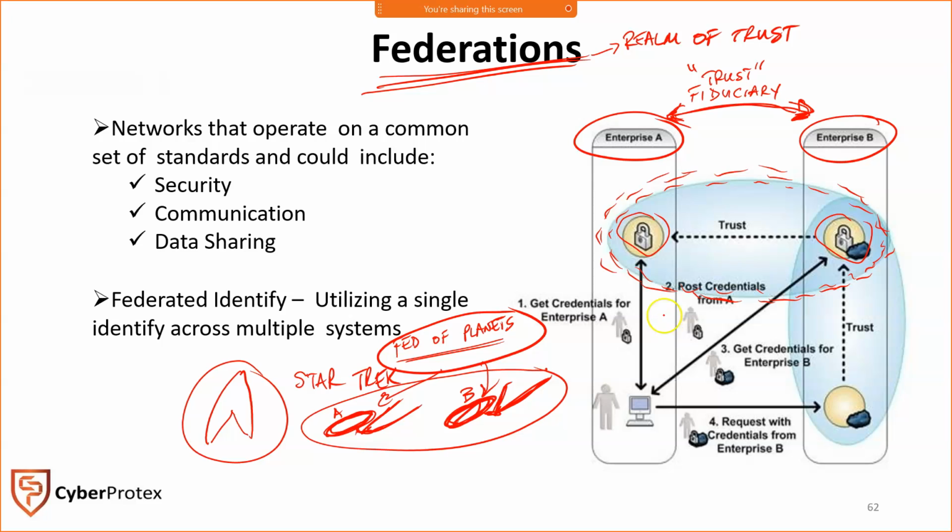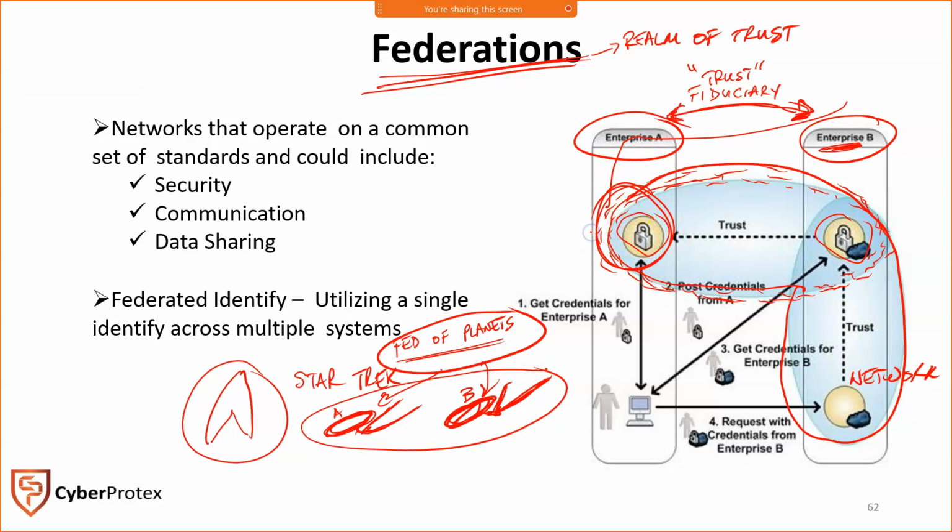And it actually looks like B over here can trust A. But A has a little bit more trust over on B's enterprise, which is kind of interesting. So A can actually go all the way down into B's network over here. But B trying to go over to A, it's just for the identity.